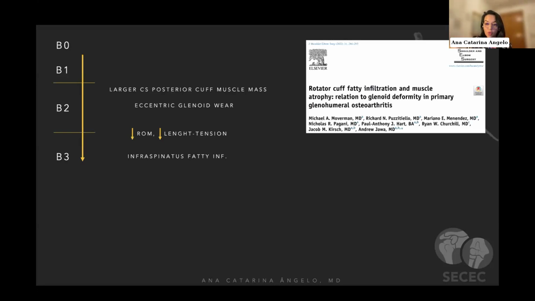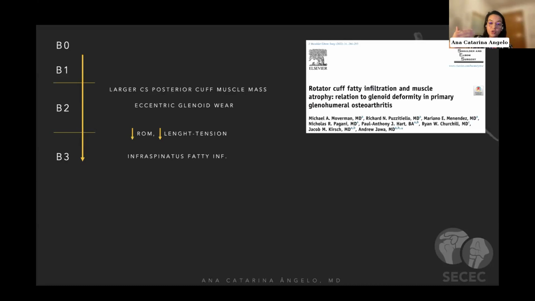So what we know from cross-sectional studies is that in B2 glenoids, we can observe a larger cross-sectional posterior cuff muscle mass that leads, or that can lead, to an eccentric glenoid wear. So it was hypothesized that this bigger mass would lead to this subluxation that would wear the glenoid.